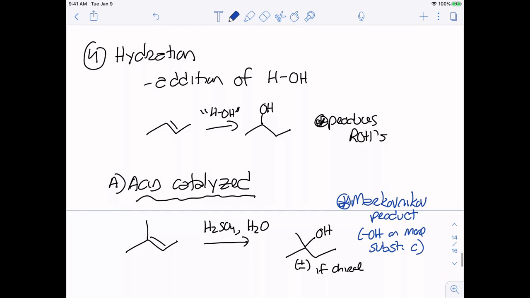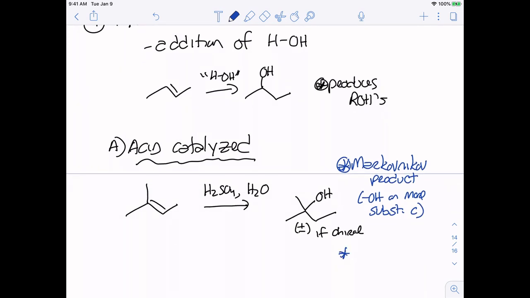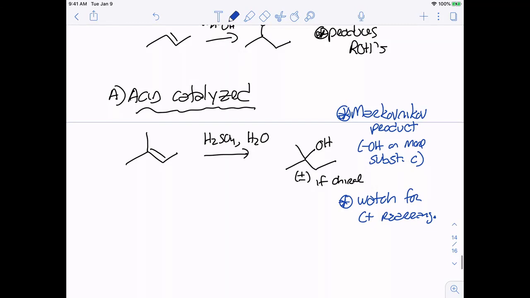And then it is going to go through a carbocation intermediate. So we want to watch for rearrangements. Right, we're not always going to have them. We're only going to have them if it makes it more stable, but do watch out for that. So our mechanism.